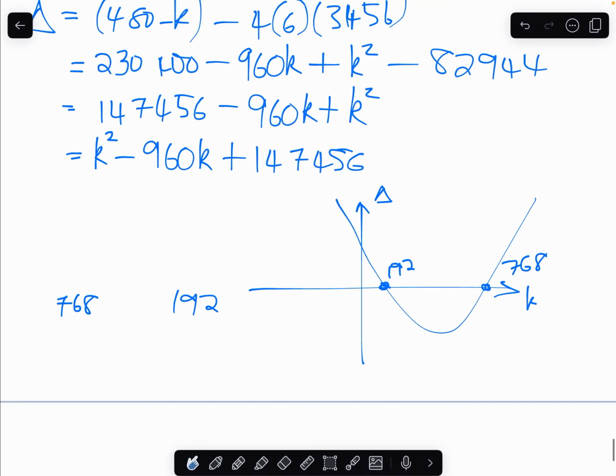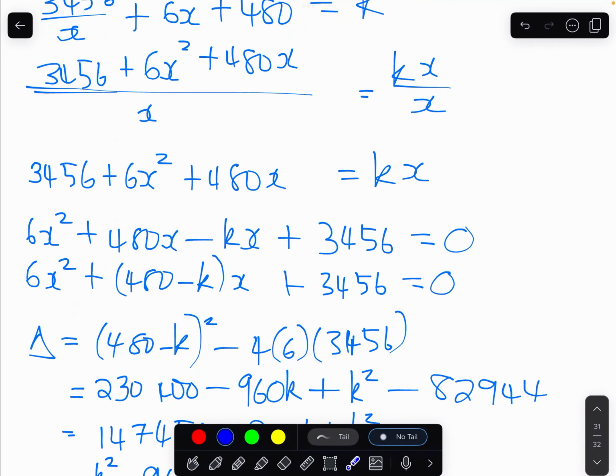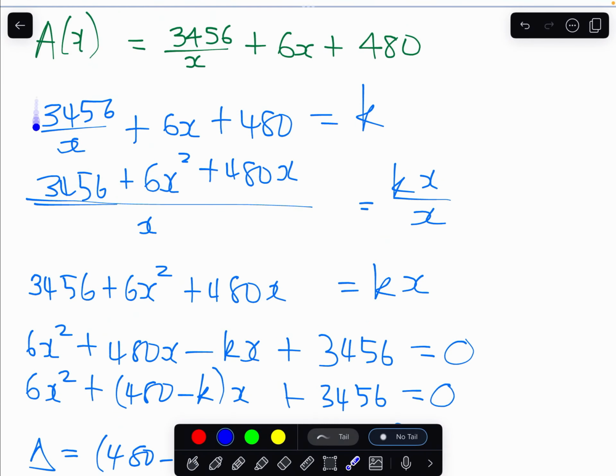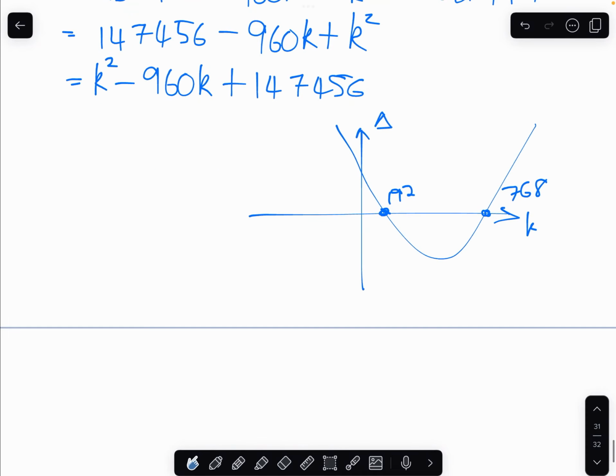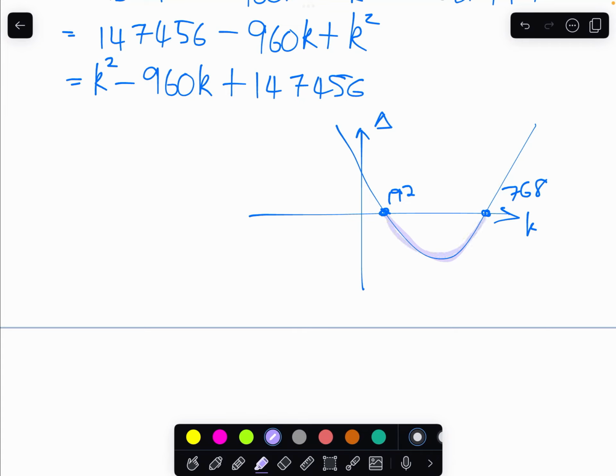What we are concerned with is the places where this doesn't have a real solution, because that will tell us that these values of k are not in the range of the function. The function is incapable of producing these values. So we're looking for places where our discriminant is smaller than 0. These are the k values that don't work for our function.